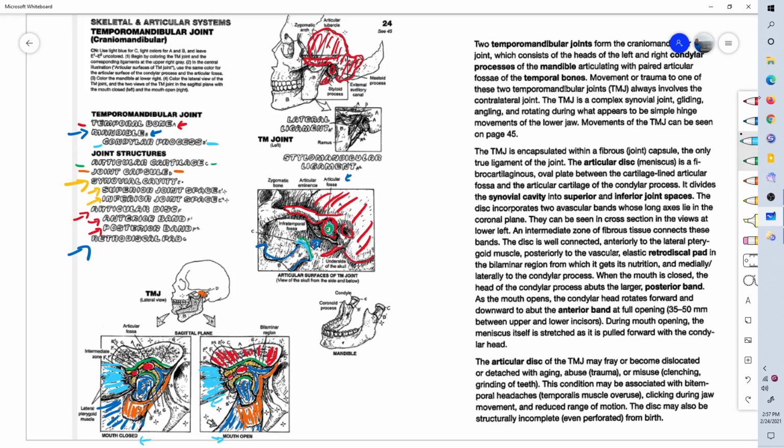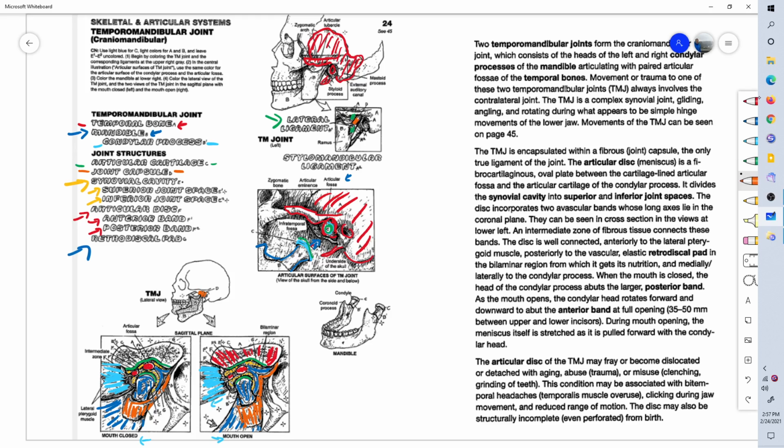There is also a lateral ligament stabilizing the side of the jaw. It's cut here, revealing the ligaments behind it, the joint capsule underneath it here.